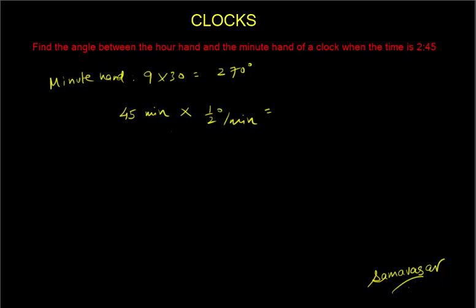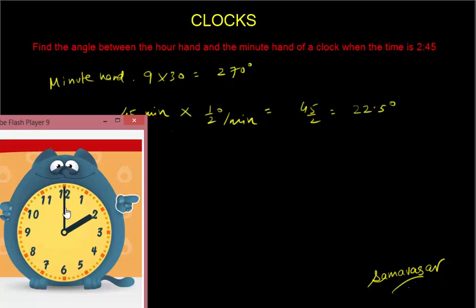So the degrees it has covered in 45 minutes is basically 45 by 2, or 22.5 degrees, right? Now the minute hand has traveled 270 degrees, and the hour hand, as we calculated, has traveled 22.5 degrees.